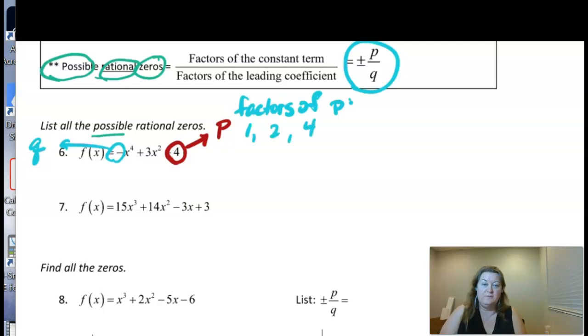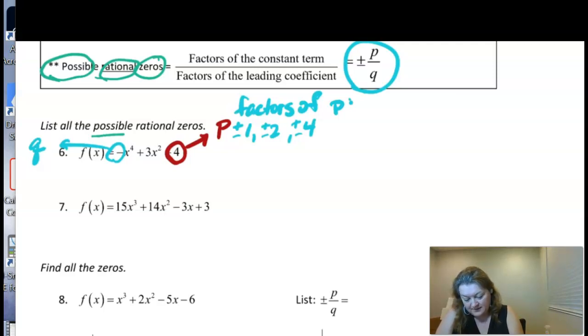All of those numbers could multiply to make a 4 if they're matched up. But I was just thinking about positive ones. Negative ones work too. What if I did a negative 1 and a negative 4? That would work. Or 2 negative 2s would work. So they don't need us to put them in pairs. They just want us to list them all. So each one of these is going to get a plus minus in front of it. All right. All right.